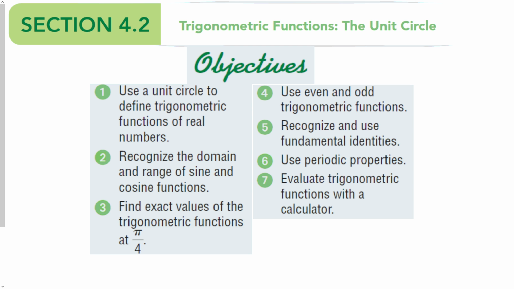So our objectives for this section are to use a unit circle to define trigonometric functions of real numbers, recognize the domain and range of the sine and cosine functions, find exact values for the trigonometric functions at a specific angle, pi over 4, then use even and odd trig functions, recognize the fundamental identities, some periodic properties, and finally to evaluate trigonometric functions with a calculator.